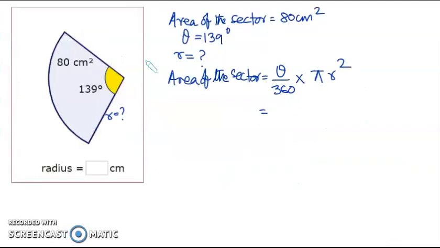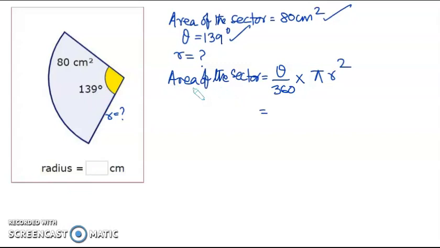In the second question, you can see we are given the area of this sector, 80 centimeter square, and this central angle, this angle is 139 degree, and we have to find the radius r.